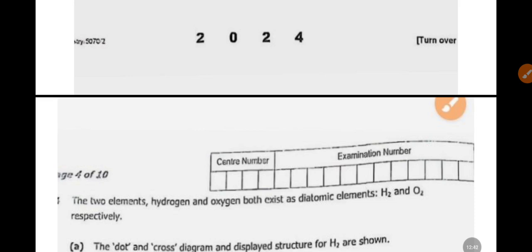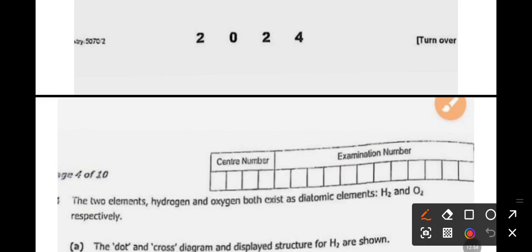Right. And we should remember that diatomic elements are elements whose molecules are made of two atoms. So if we observe oxygen and hydrogen, its molecules are made up of two atoms.